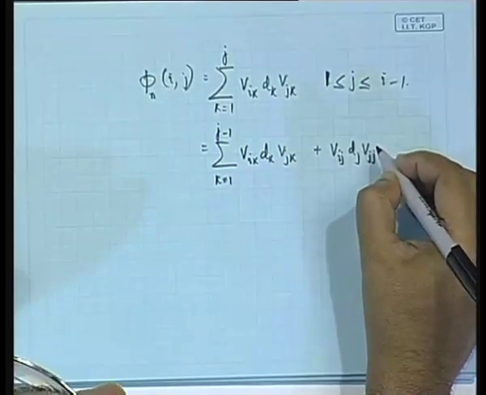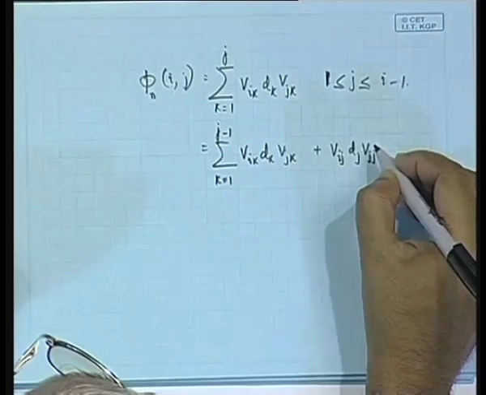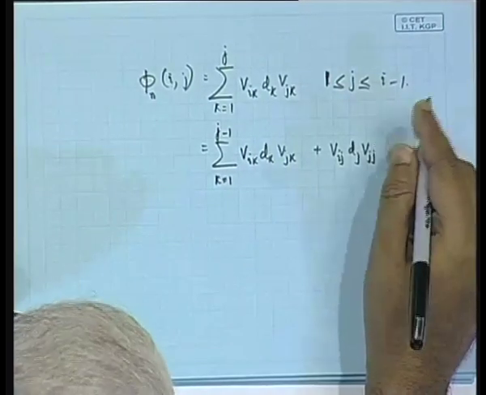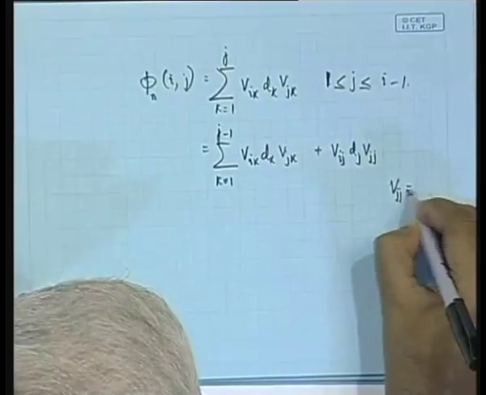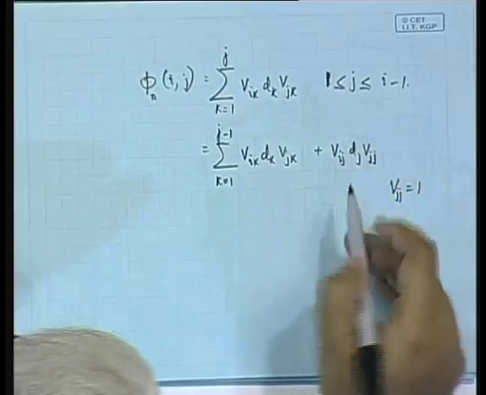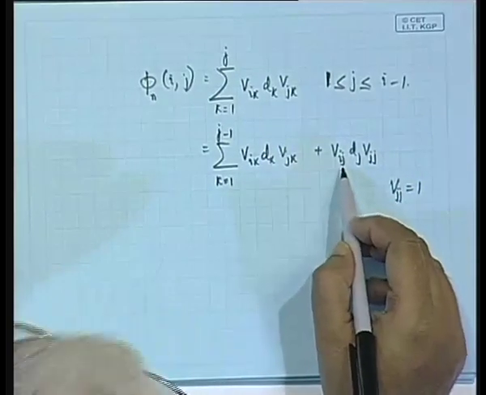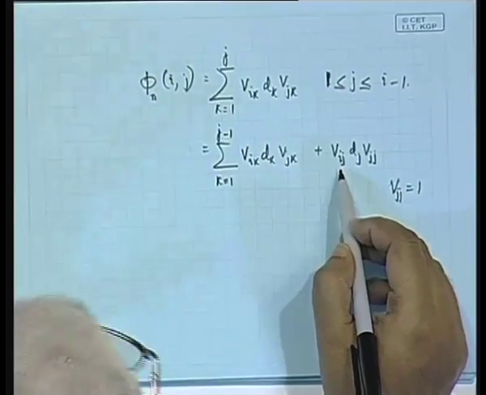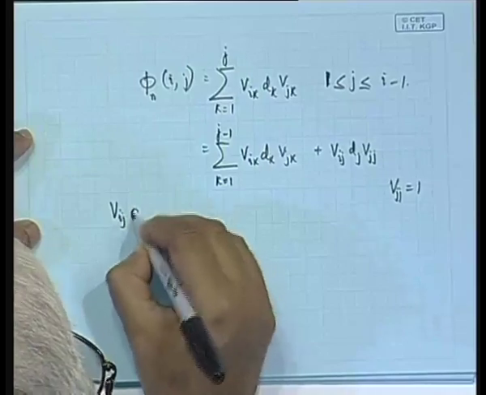And what is V(j,j)? It is nothing but the diagonal element of the V matrix, which by our choice of the matrix decomposition we have made equal to 1. So this additional term becomes V(i,j) into D(j) only.